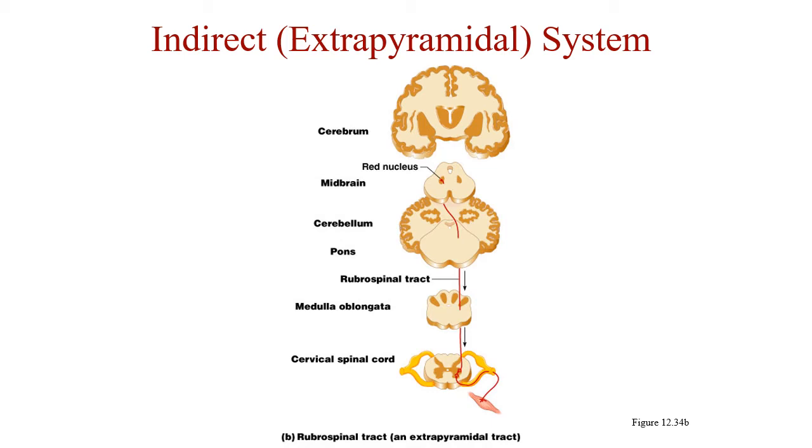And so since this is coming from the brainstem, our origins here for the rubrospinal tract is within the red nucleus. And so we come to the midbrain here and we have the red nucleus sending its information down. It crosses over in the brainstem, synapses on the lower motor neuron, and then sends that information directly out to the muscle.